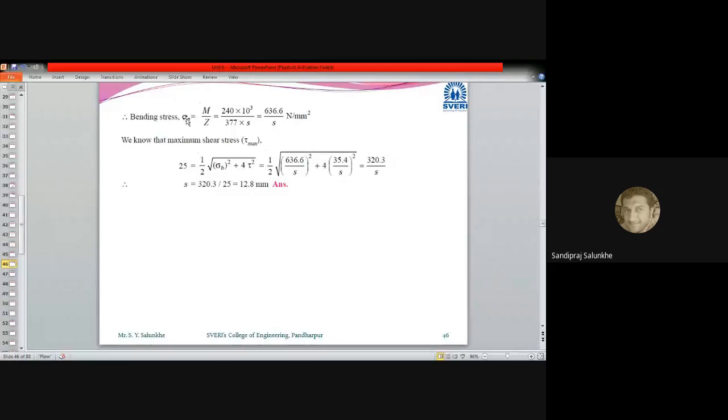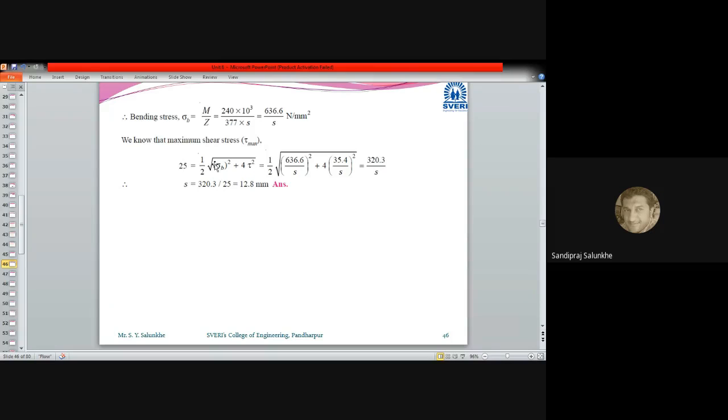Now the bending stress is calculated as M divided by Z. You know, Z is nothing but I divided by Y, the section modulus. The bending stress is calculated by means of bending moment divided by section modulus, and that will again be in terms of S. We know that the maximum shear stress tau max is equal to 1/2 of the square root of bending stress square plus 4 times shear stress square.